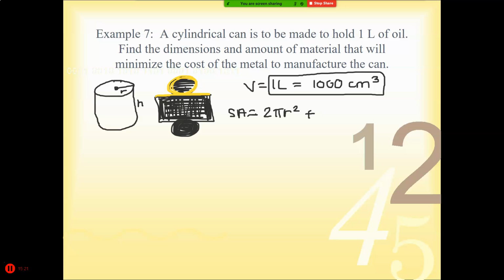So the circumference is 2 pi r, and that represents your width. The area of a rectangle is width times length, but we labeled the length as height h. So the surface area of a cylinder is 2 pi r squared plus 2 pi r h. And then we need to talk about volume. The volume of a cylinder is pi r squared h.